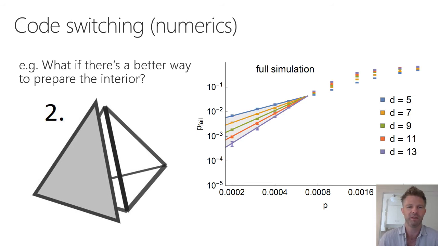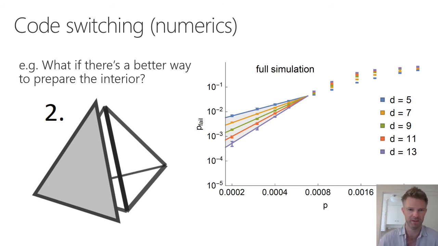We found a minimum depth circuit to do that, but there are many minimum depth circuits to prepare this state. Some of them will result in worse error propagation than others. And so in order to identify the potential impact of a new protocol for preparing the interior, we replaced that step with something which was ideal.